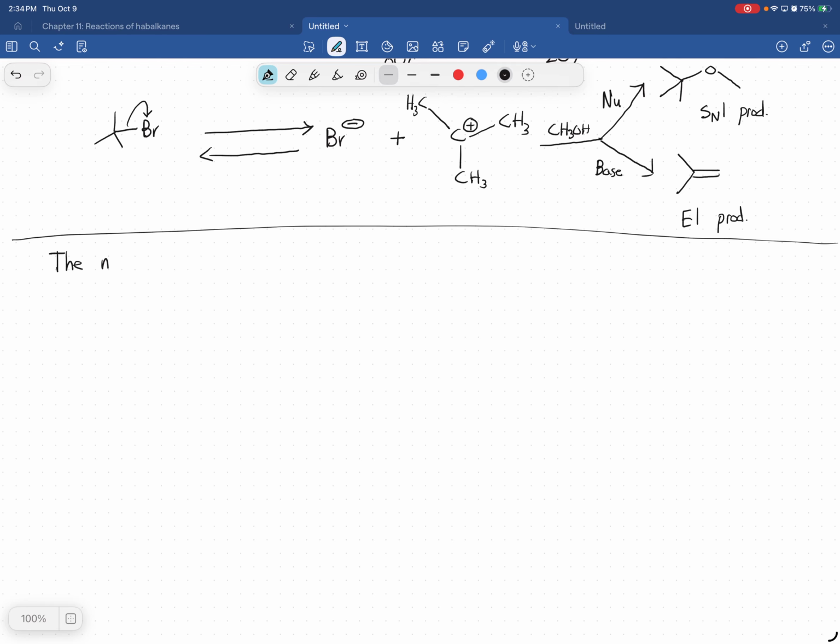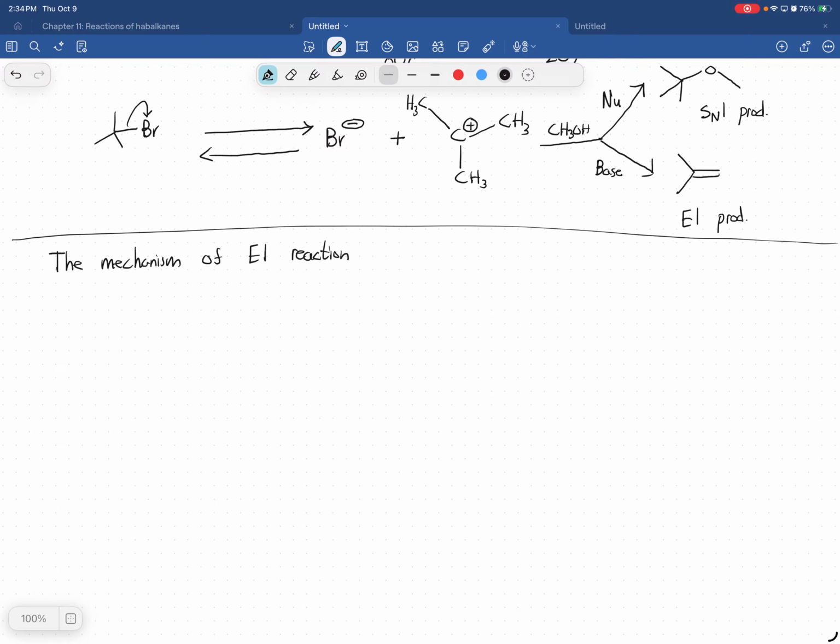So the mechanism of the E1 reaction. What do you guys think happens first? What's going to form? The carbocation.